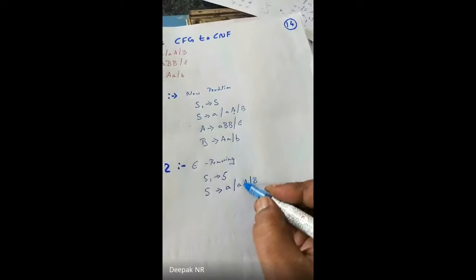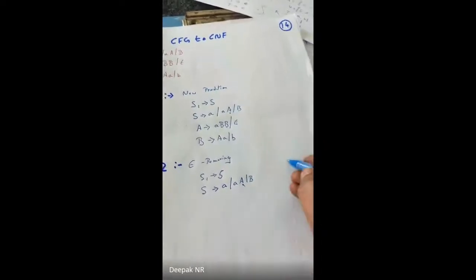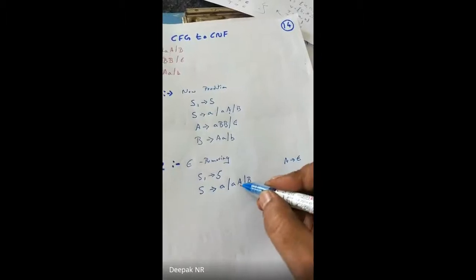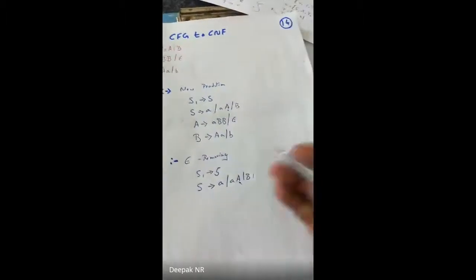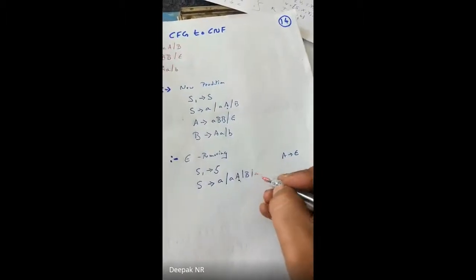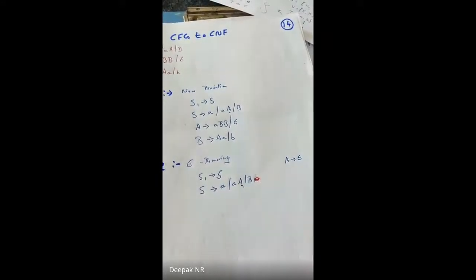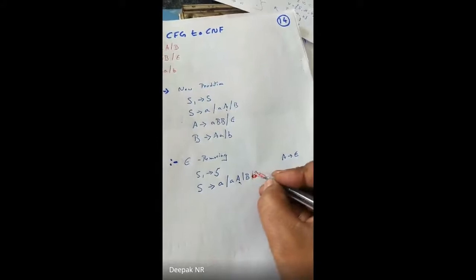When I remove A tends to epsilon, my answer will be A. If you observe, the A is already there, so I will not write it again.